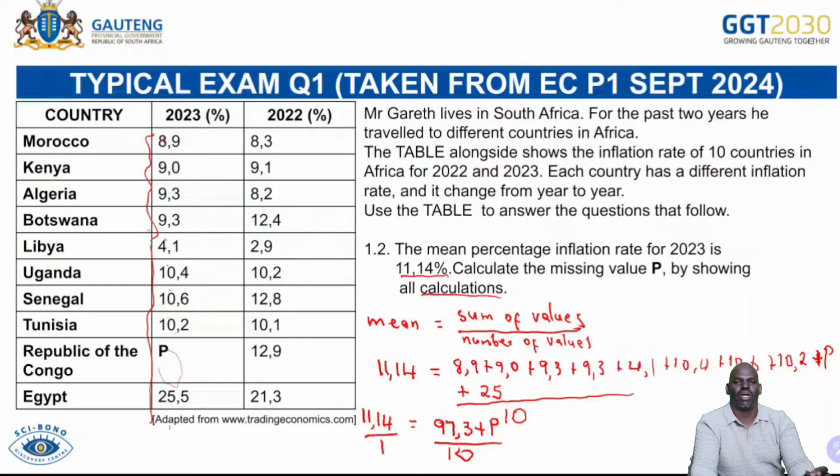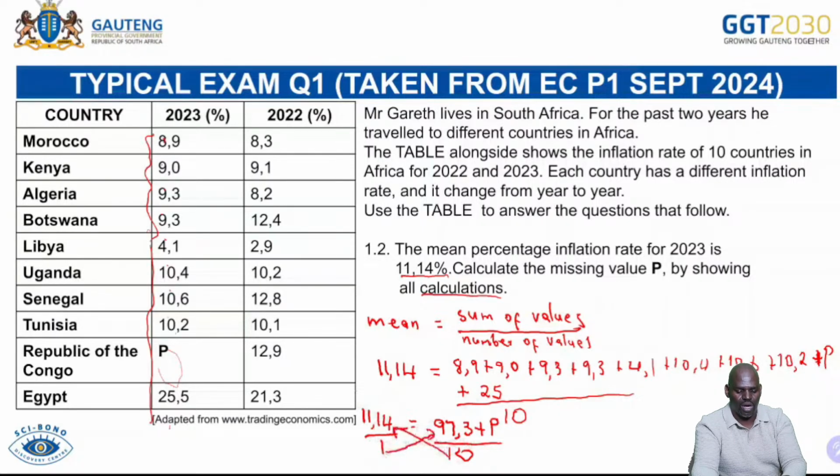From this one, we know about cross multiplication. Cross multiplication means I take what is at the bottom and multiply with what is on top on the other side.